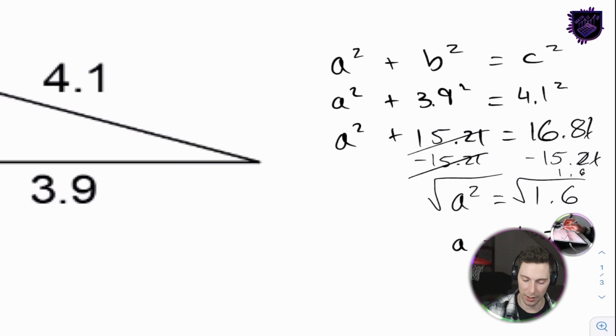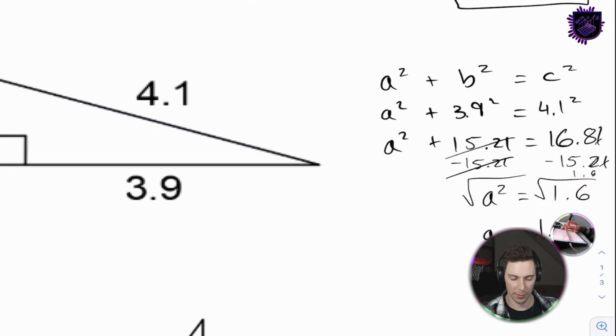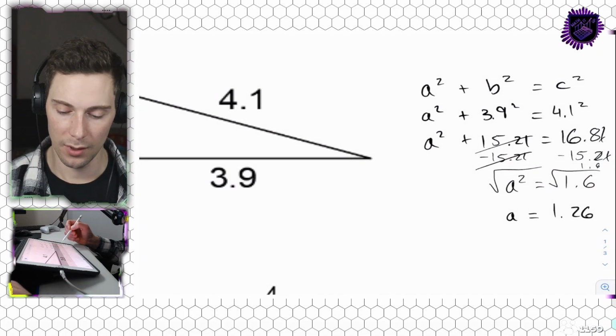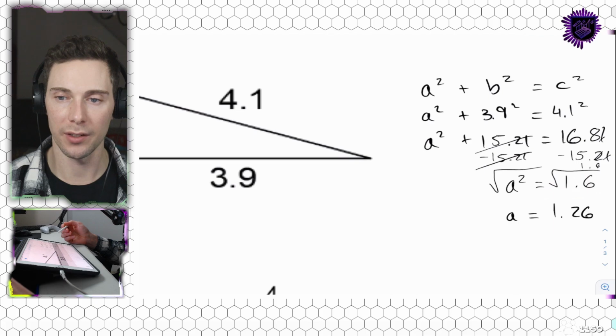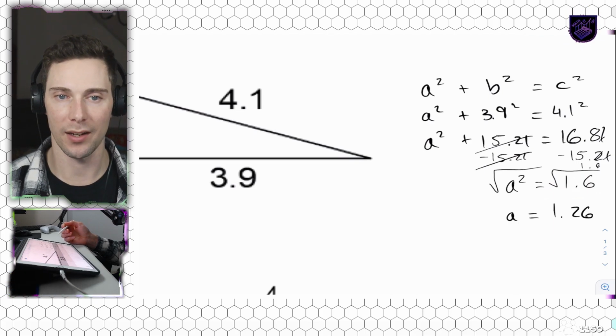Oh, that's interesting. I immediately broke this one in my mind and made it into 16. And then I was like, the square root of 16 is 4, so the square root of this must be 0.4. But if you times 0.4 by 0.4, you're going to get less than that.